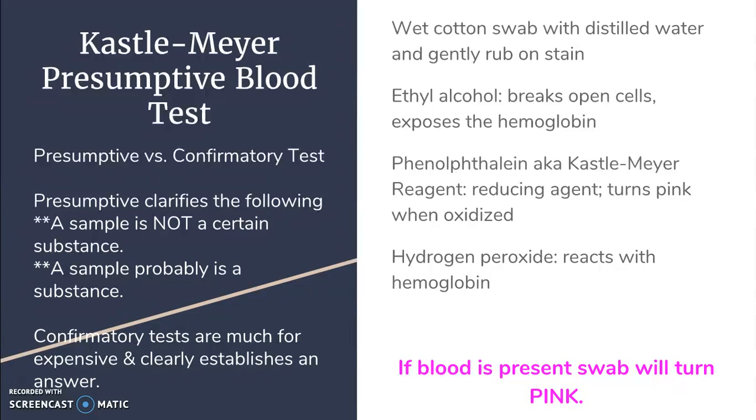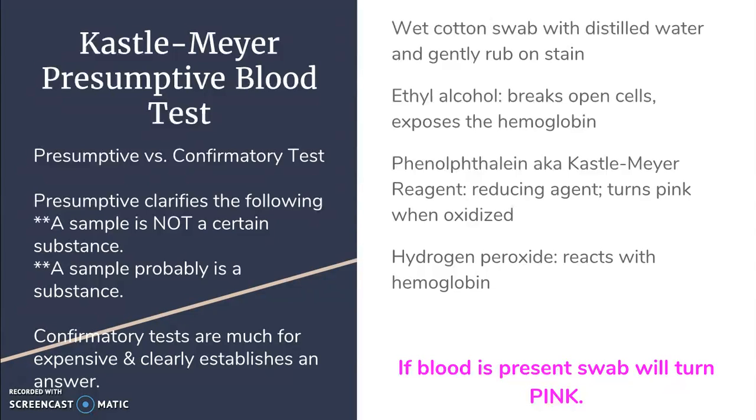So the different steps to this, you would wet a cotton swab with distilled water, so that's basically purified water, and rub on the stain that you think potentially is blood. And then you see the different steps where the hemoglobin is exposed, phenolphthalein turns pink when oxidized or exposed to oxygen, and then hydrogen peroxide will react with hemoglobin.